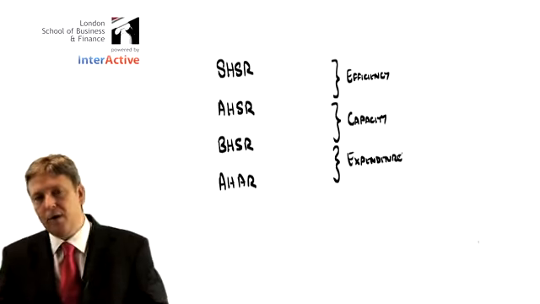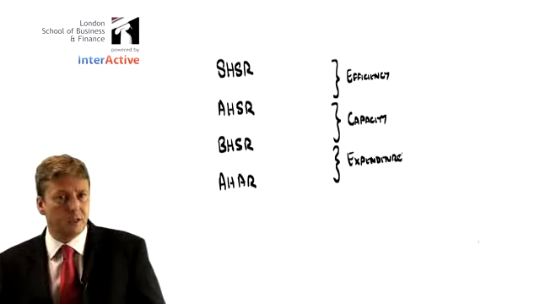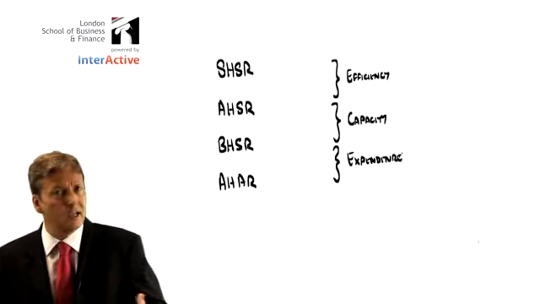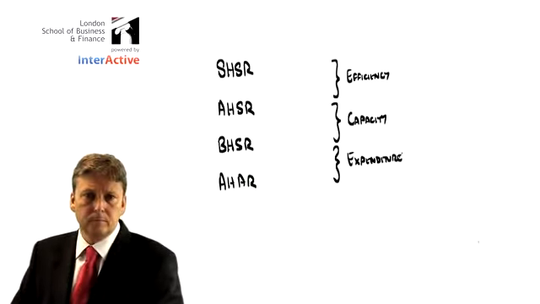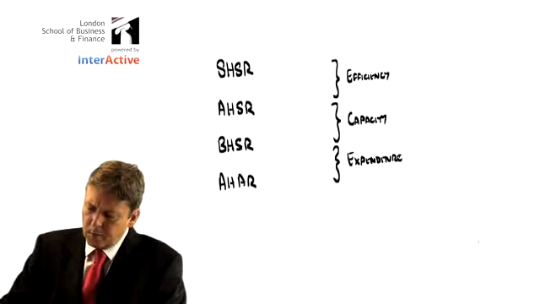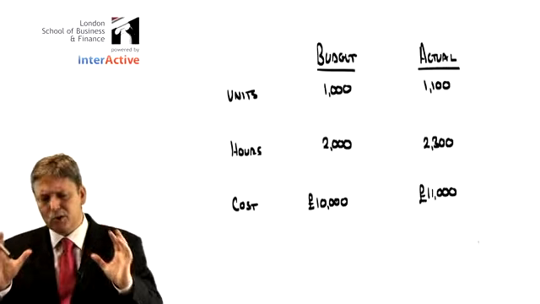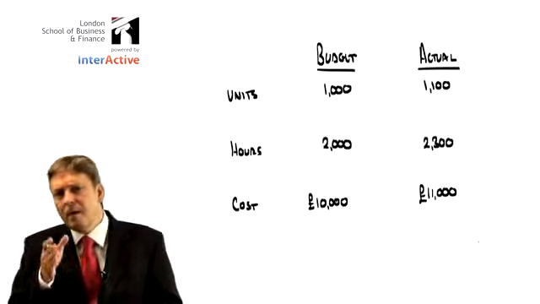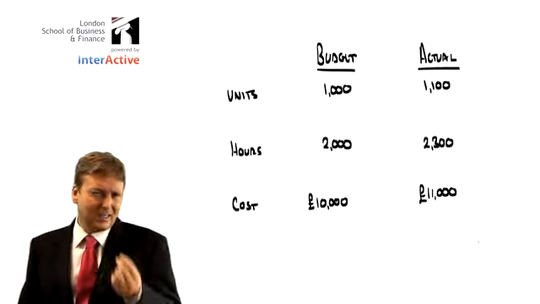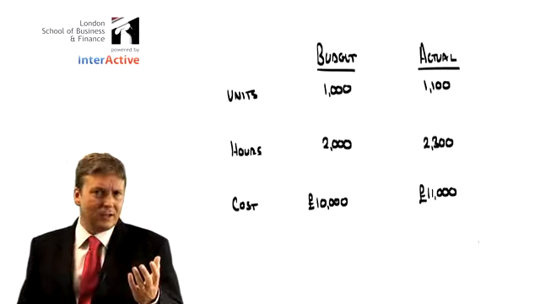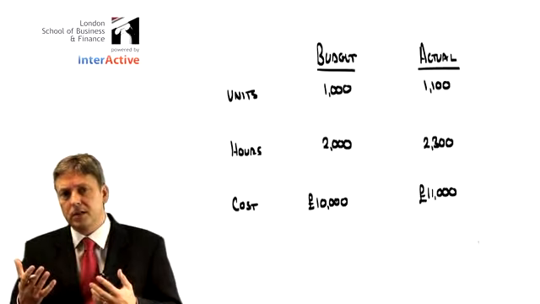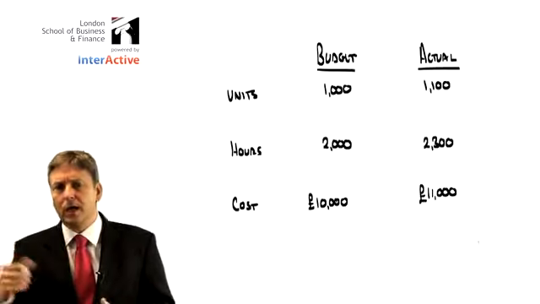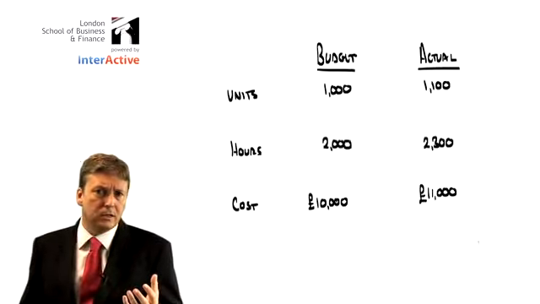So we've banged down our pro forma, and all we have to do is to slot information into that pro forma. Well, okay, let's go back to the information and see the sort of thing that we need to get out of it. Remember what I've said to you before. I said that the standards are closely linked to the budget. The budget is in total and the standards are per unit.